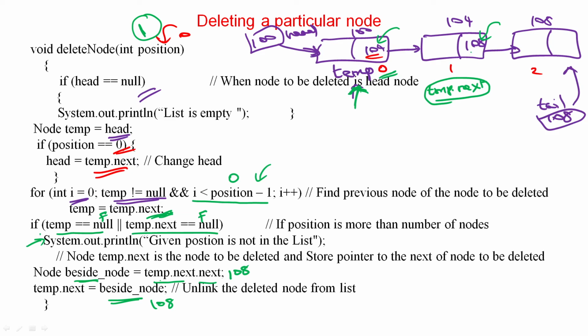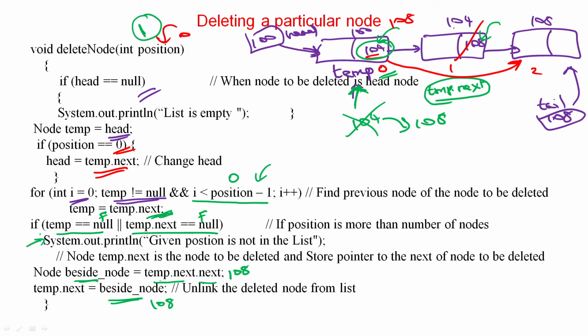Look here, this is the temporary dot next. The previous temporary dot next was 104, and the 104 will become 108, so this will be overwritten. Automatically the new link is created. Here 108 will be written, so this new link will be created.